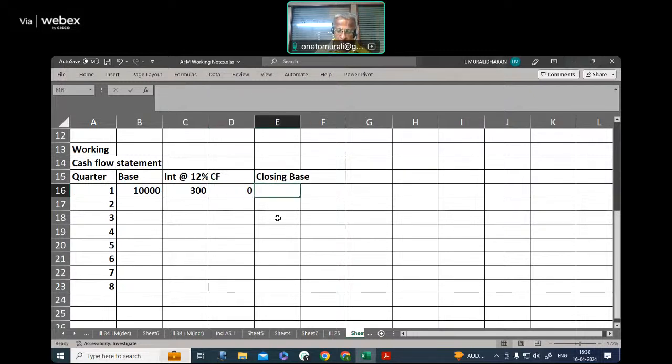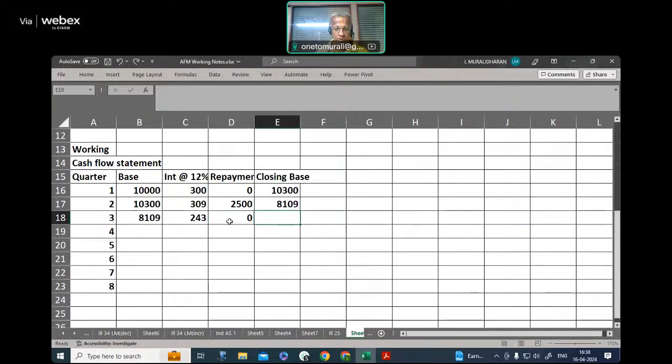The closing base is going to be opening plus interest minus the repayment. This is going to be 10,300. This is 309. Repayment is going to be 2,500, giving 8109.